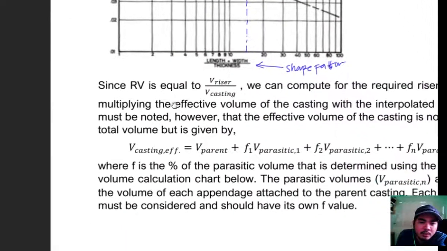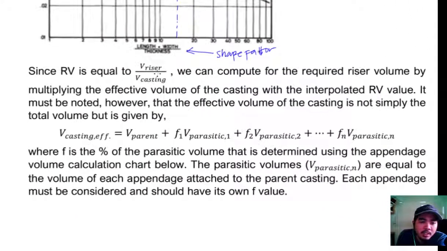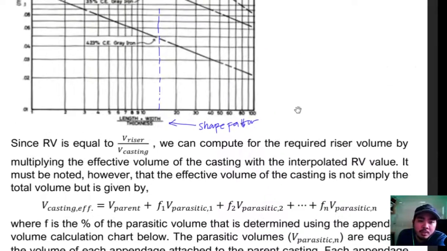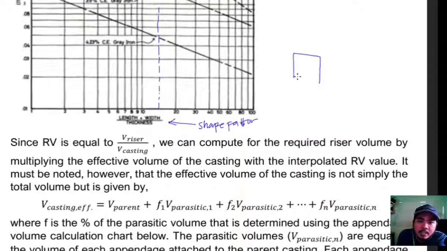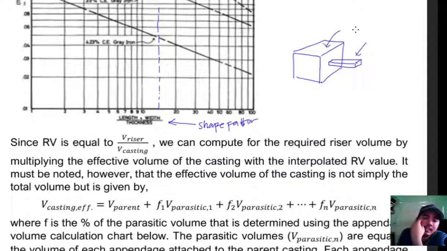But the final volume of the casting is not as simple as just taking the total volume, no? So you will be tempted to say na, kunwari, kanina natin example, hindi ba i-add ko lang to, sir? Ang volume nito plus volume nito, yun yung total volume of the casting. So in the NRL method, it's not as simple as that, no?